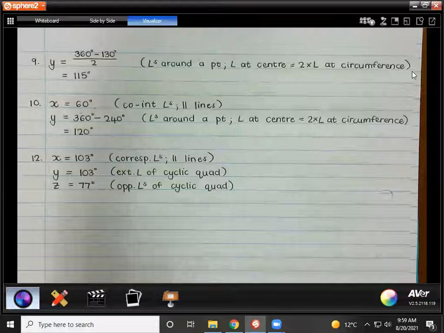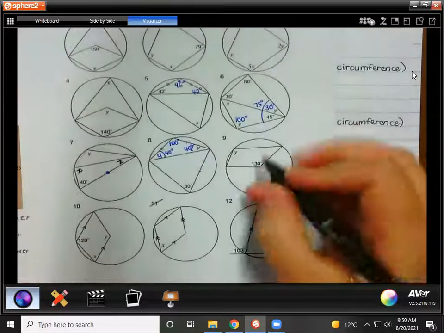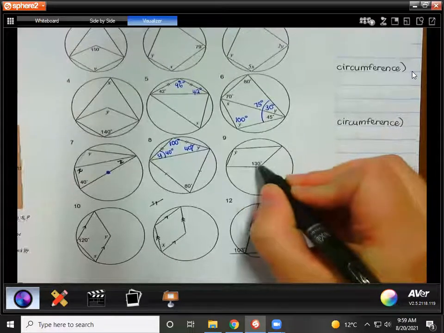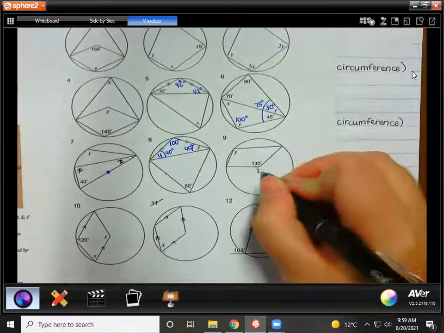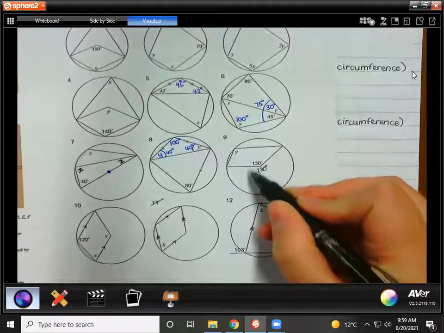9, 10, and 12. All right, so for number 9, you actually couldn't use any cyclic quad stuff because it wasn't a cyclic quad. So I just did it in one step again. This angle over here is 360 minus 130 is 230, hey? 230 degrees, this one here, because of angles around a point. And that is the one at the center.